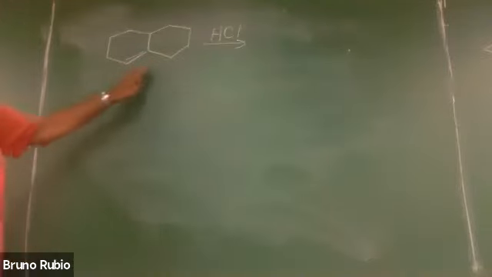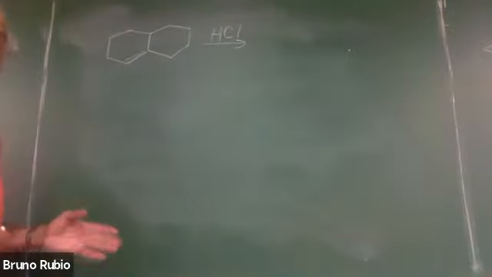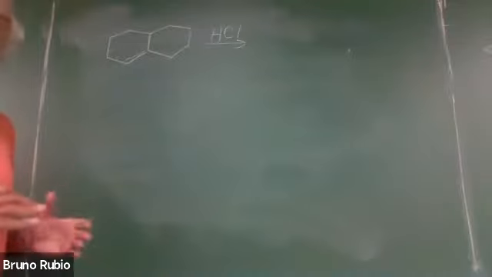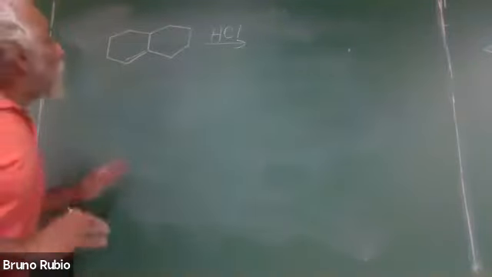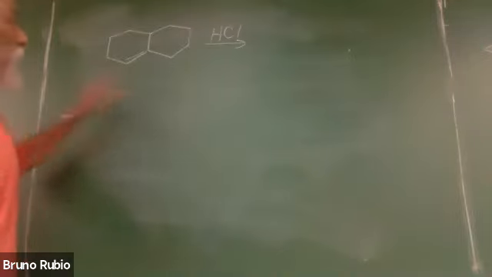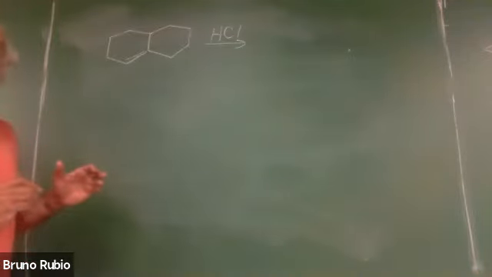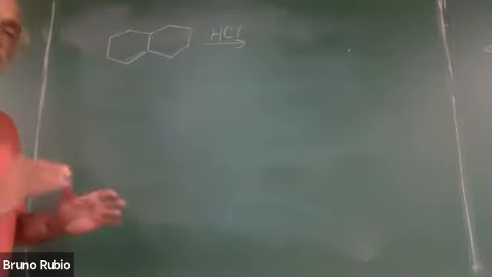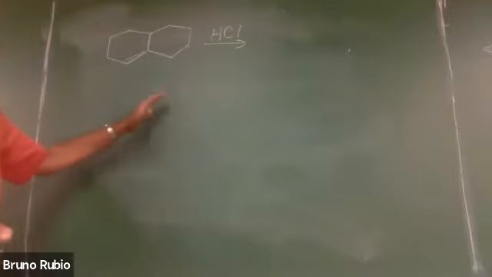So there's my carbon-carbon double bond. It's going to be degraded to a single bond, and the elements of HCl are going to add across where that double bond used to be. But now we're at a crisis, because the first step of the reaction mechanism is the double bond attacks the H end of HCl. But now we see in this situation, we have two options.